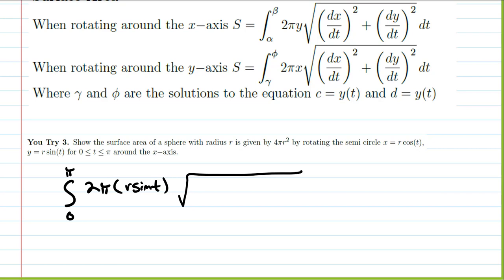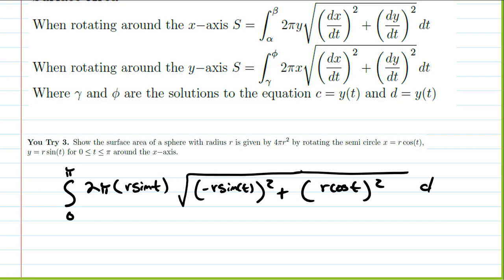So the derivative of r cosine t is going to be negative r sine t squared plus the derivative of y, the derivative of sine is cosine. It's going to be r cosine t squared dt.